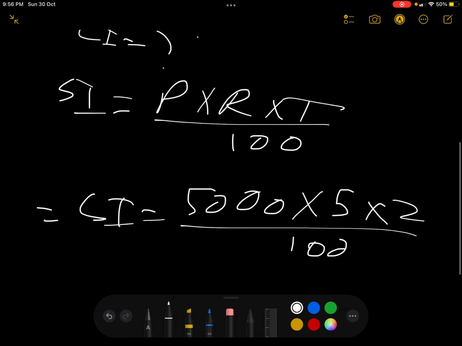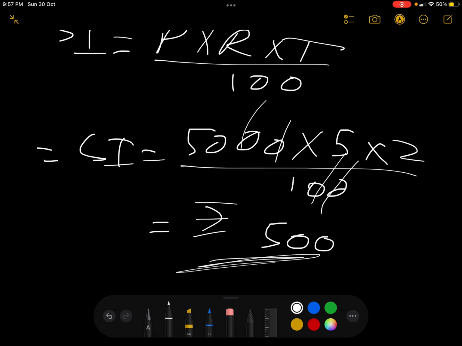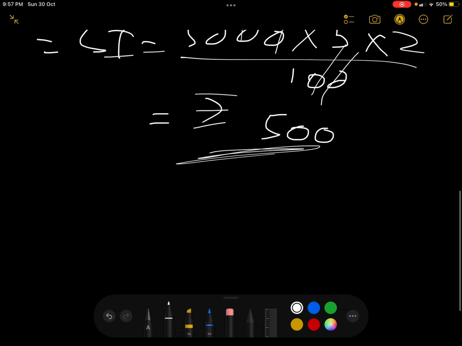Yes, it was 2. Now let's cut out these two zeros here. It becomes rupees 500. Alright, now that we know it is rupees 500, let's calculate the compound interest.